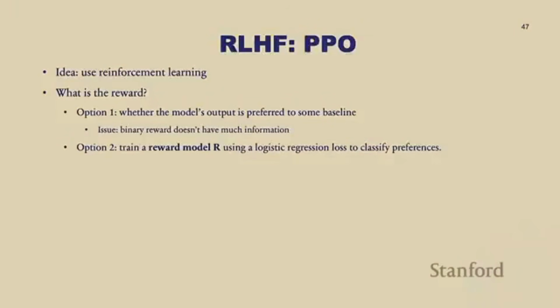So option 2 is that you can train what we call a reward model, which is simply a classifier. So you use machine learning to classify how much better two outputs are from the perspective of the human.